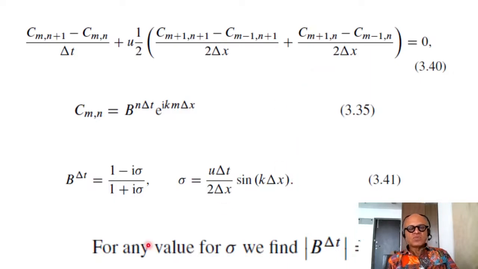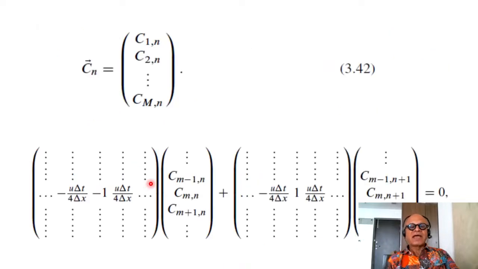Okay, so for any value of sigma, we find that the magnitude of b^(delta t) is equal to 1.